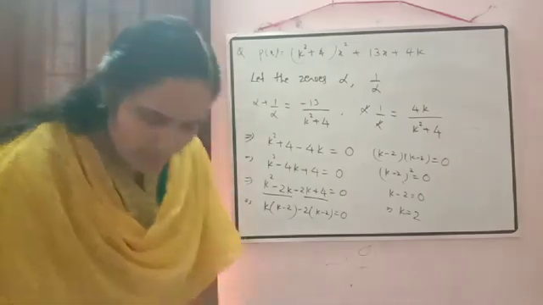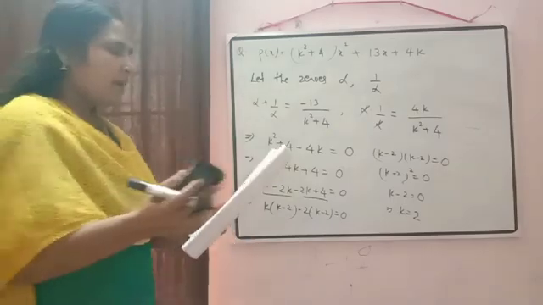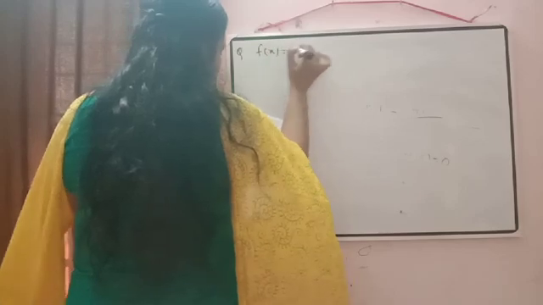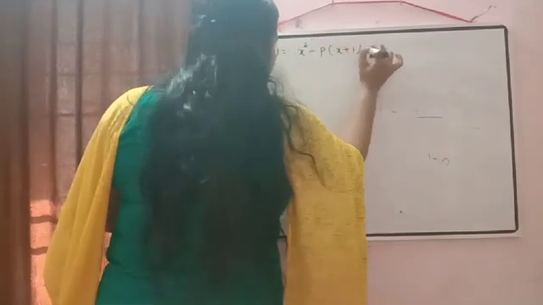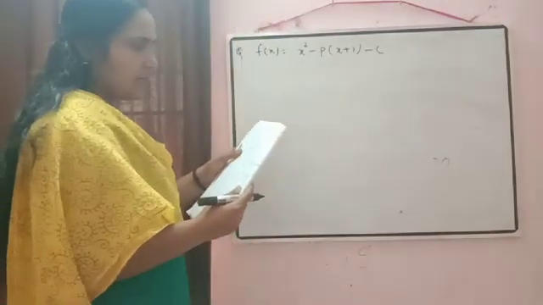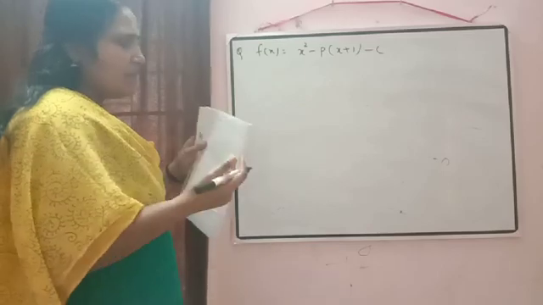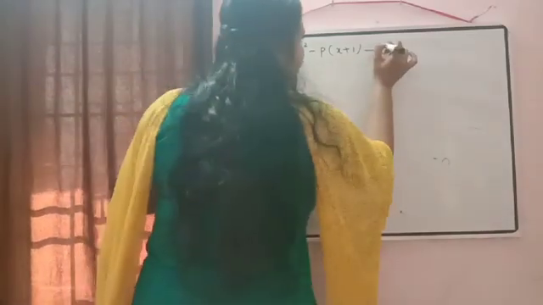Okay. Now the next question is, if alpha and beta are the zeros of f of x is equal to x square minus p into x plus 1 minus c, then find alpha plus 1 into beta plus 1. So whenever a question is there, you have to rearrange it.